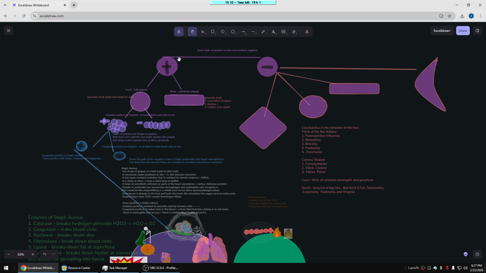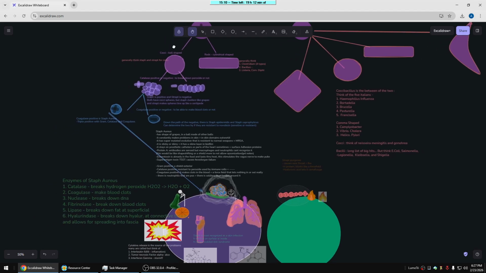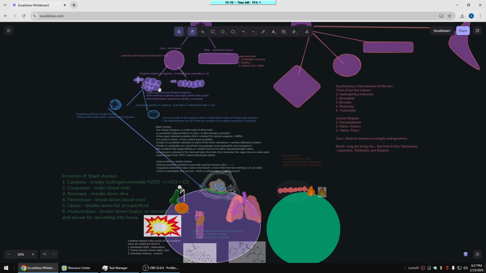After the stain, after the shape, just to break it down to what species they are. Catalase-positive is generally staph, and the staph is generally shaped like grapes, how grapes are together, while the strep is like a centipede. So staph is positive in catalase.